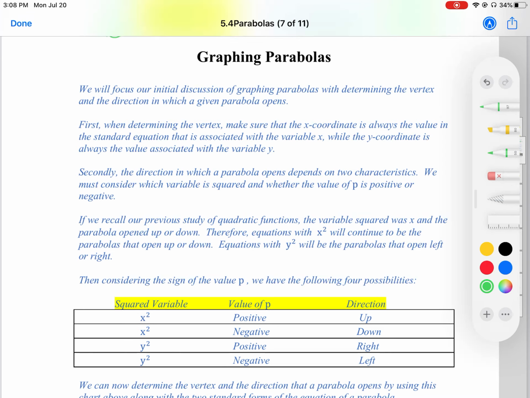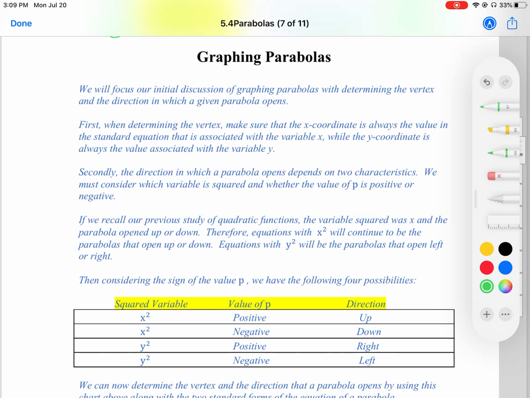Graphing parabolas. We will focus our initial discussion on graphing parabolas with determining the vertex and the direction in which a given parabola opens. First, when determining a vertex, make sure that the x-coordinate is always the value in the standard equation associated with the variable x, while the y-coordinate is always the value associated with the variable y. Secondly, the direction in which a parabola opens depends on 2 characteristics.